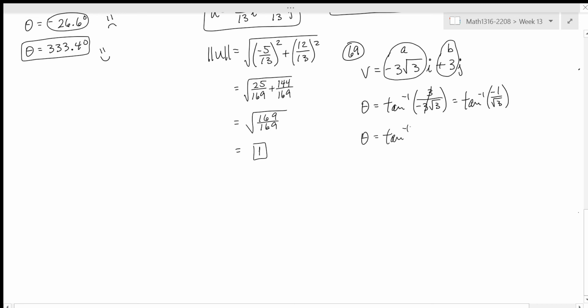And so that'll be the inverse tangent of negative square root of 3 over 3. And I can't wait to see what you get for an angle. Inverse tangent of negative square root of 3 over 3. And I'd like that in degrees.